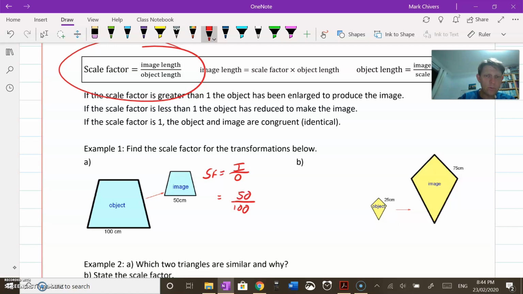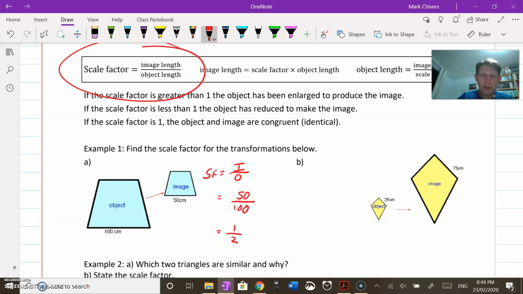The original shape goes as the denominator. 50 goes into both of those: 50 goes into 50 once and into 100 twice. So we've got a scale factor of a half. In other words, we've reduced the original object by half to make the image, which makes sense.